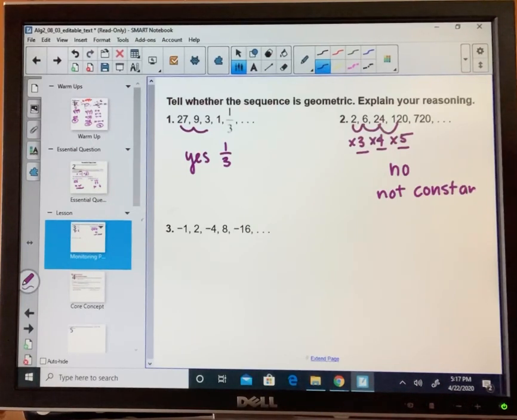Okay, now this last one is a little tricky because if you're looking at it, 1 to 2, that's times 2. 2 to 4, that's times 2. So you initially want to say yes, but because it's alternating, it's actually being multiplied by -2 every time.